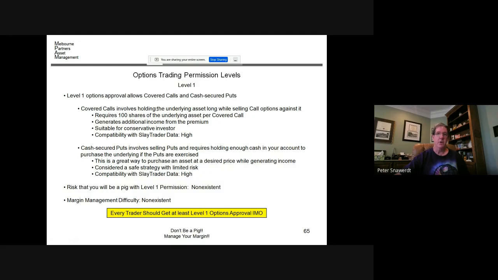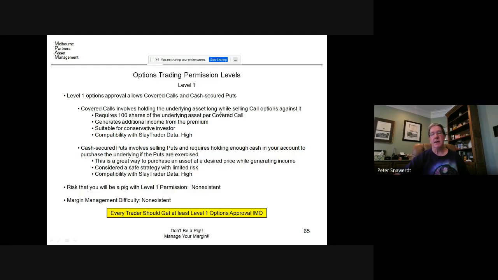I need to have at least the number of shares of the stock as there are in the contracts that I sell. For instance, if the contract size is 100 and I sell 10 calls, I need to have at least 1,000 shares of the stock.